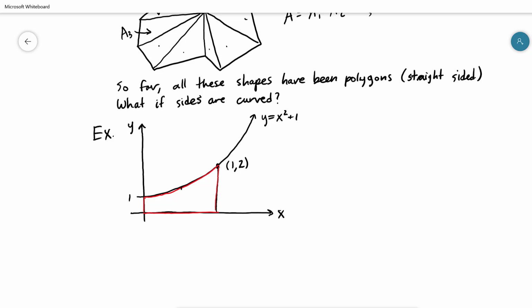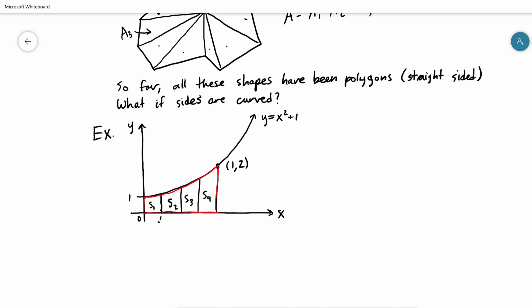So maybe in this case I'm going to cut it up into 4 pieces. I can call this one S1, S2, S3, and S4.